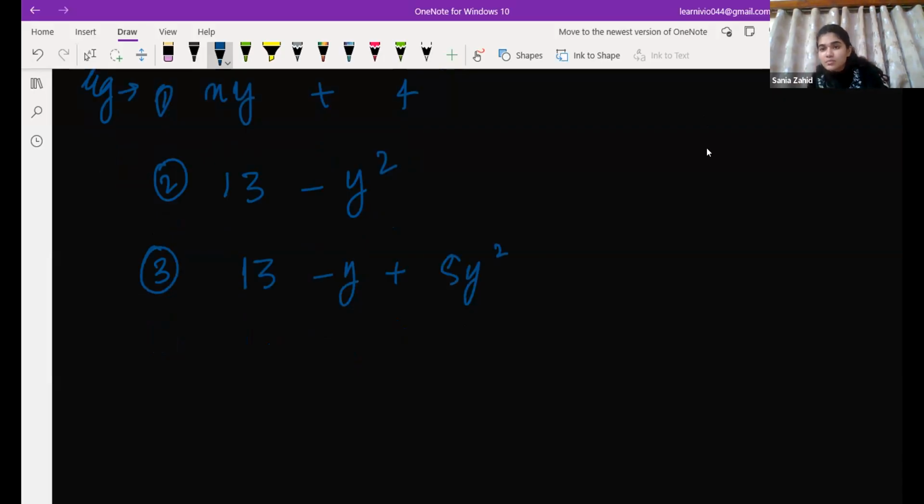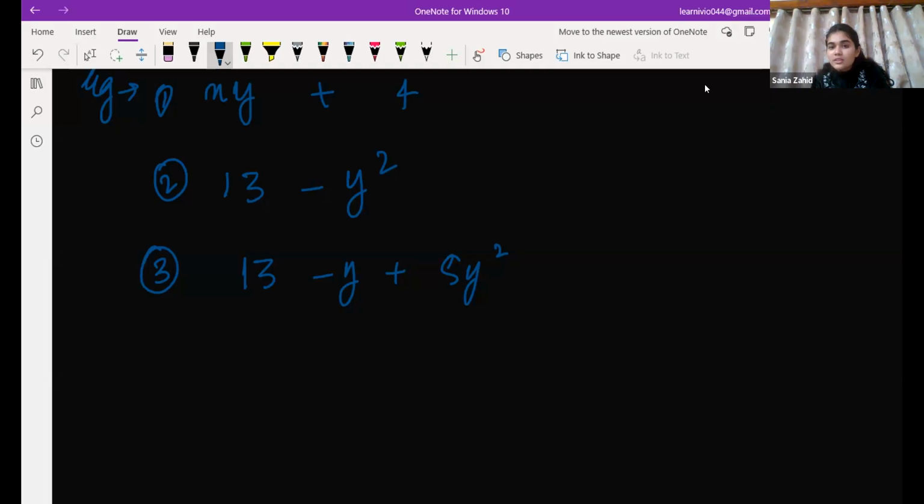See, it has three terms. What are those three terms? 13, minus y and plus 5y square. So 13 I know is a constant term, minus y is not constant, and plus 5y square is also not constant. Okay, so which are the not constant terms? Minus y and plus 5y square.